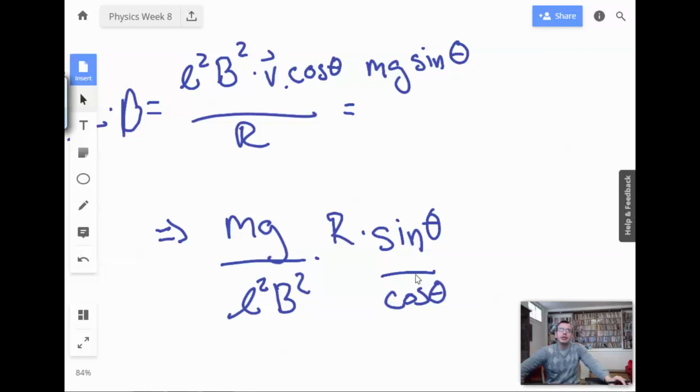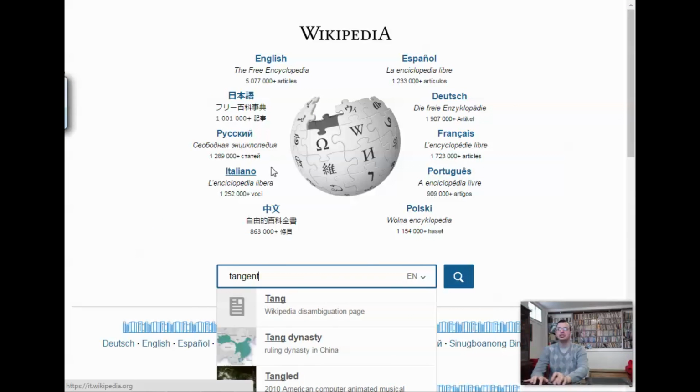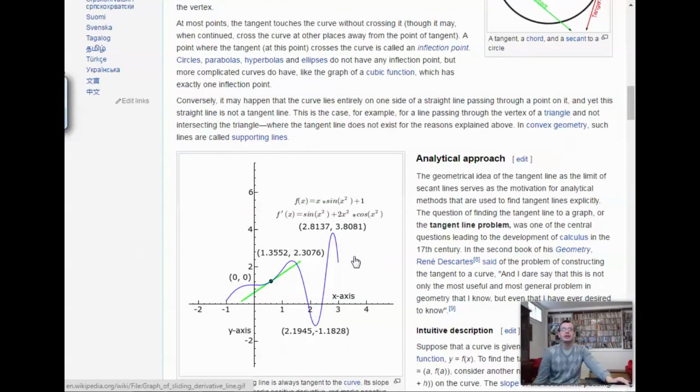Let's see. Mg sine theta, R goes up to the top, L squared B squared goes to the bottom. Yep, I'm going to say that's good. That all equals V, the velocity, which we're looking for. And there's a negative sign in there, but I don't really care. Alright, that's tangent, right? I'm going to make sure. Tangent, say something here that says sine over cosine.